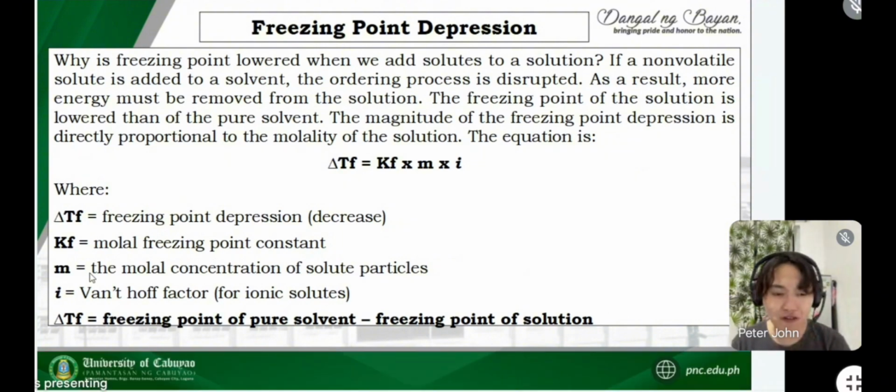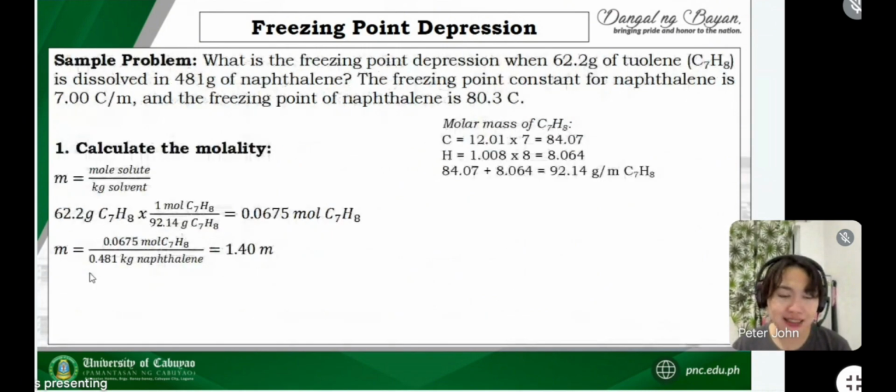And we have also the i, or the Van't Hoff factor for ionic solute. So kanina, yun nga, sabi ko sa inyo that the Van't Hoff factor is yun mismong value kung ilang presence of ions yung makikita natin sa mismong solution. Okay? So, let's try this sample problem.